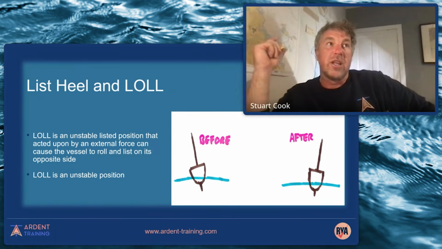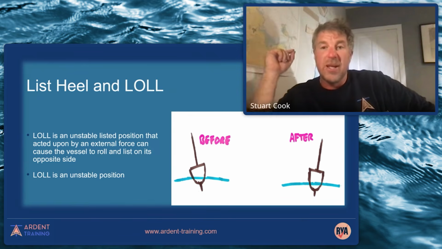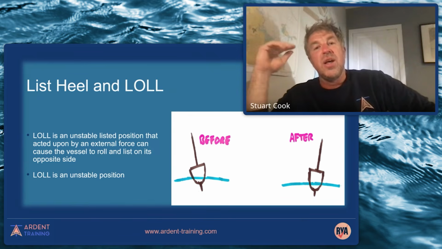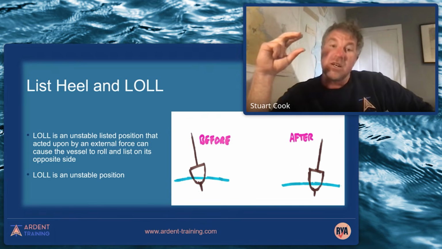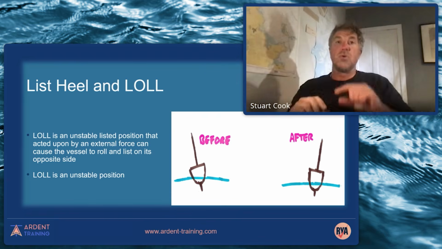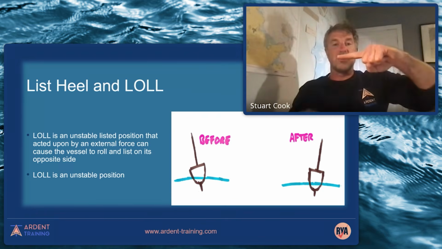The best example that I can think of off the top of my head at the moment is an iceberg. What happens with the loll is the center of gravity is actually above the metacenter, so the center of gravity is much higher on the vessel.